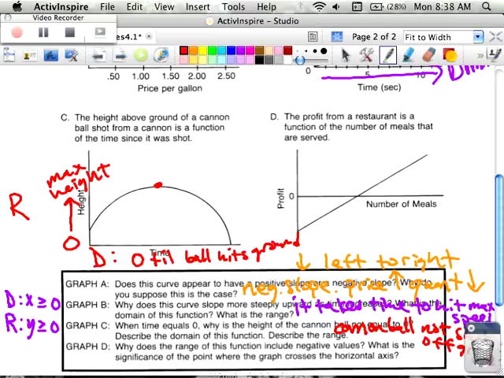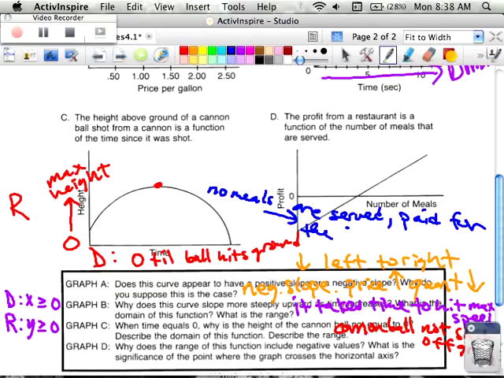And so when we talk about the function and why the range is what it is, in this graph, down here, this is where no meals are served, but you paid for the food you make. So you buy all these ingredients, and it costs you money. And until you sell anything, that's a loss. So that's why your profit is negative. You had to buy the ingredients to make the food, and that's a problem.